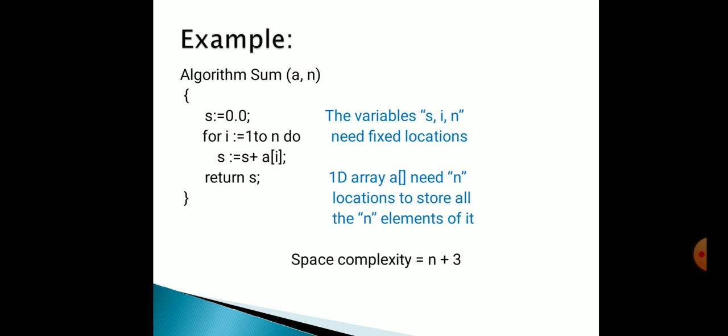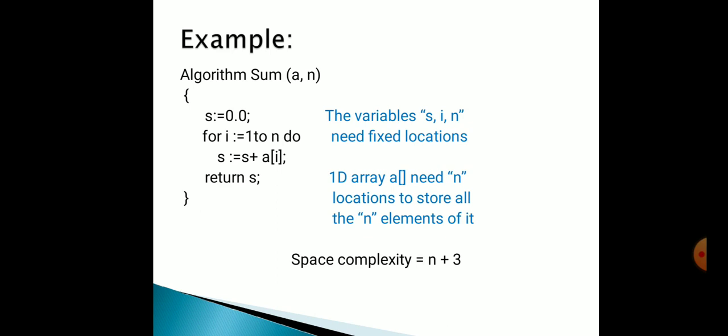If we give some other value for n, then depending on the value of n, the number of locations required for A is updated. So the number of elements we are storing in the one-dimensional array is dependent on the value of n. A is a one-dimensional array which needs n locations to store all its n elements.